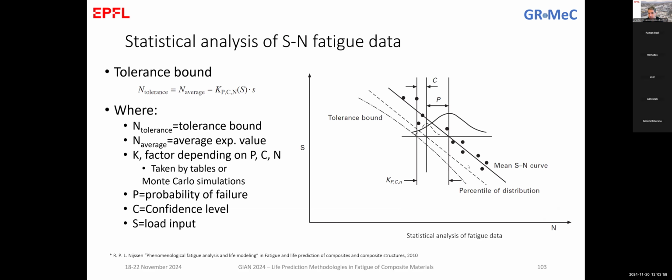Of course, other statistical measures like confidence level are introduced in this analysis, which is how far we are from the critical regions of the statistical distributions that are used.